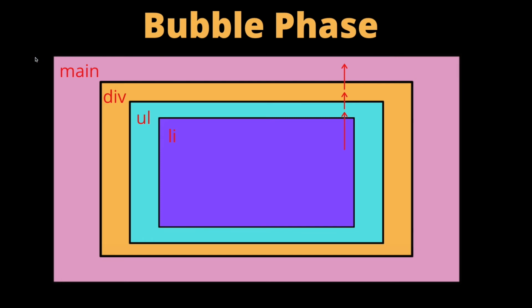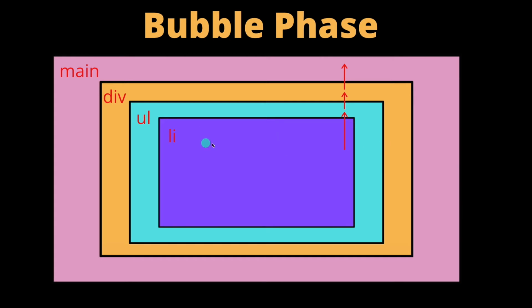In order to explain this, I have a very simple drawing with the color code from the HTML file I showed you before. We have main, div, ul, and li tag right here, and they are all color coded. So li is our target element, because this is the element that I clicked on.